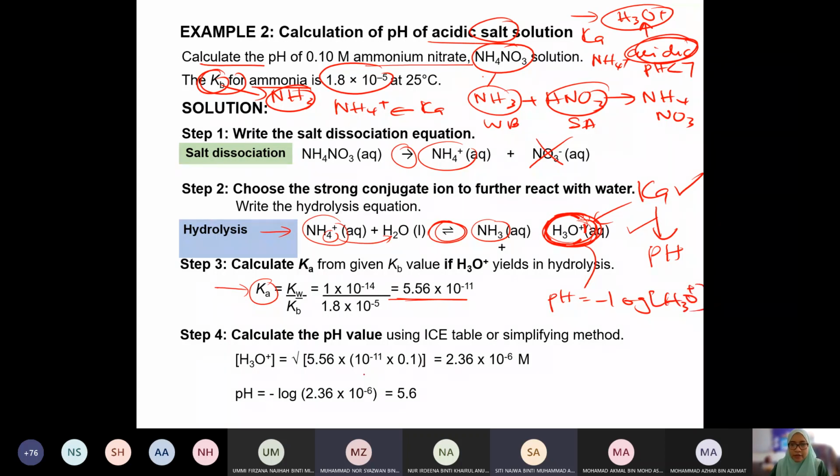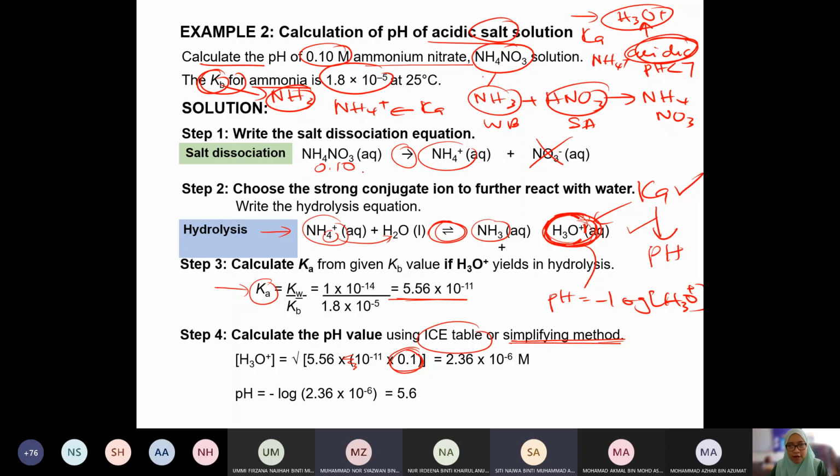This is by using the simplifying method. You can either use an ice table or you can use the simplifying method. If you are using the simplifying method, that means you need to have this concentration. Why is it like this? You have to have this concentration 0.1. This one you got from this 0.1 molar.